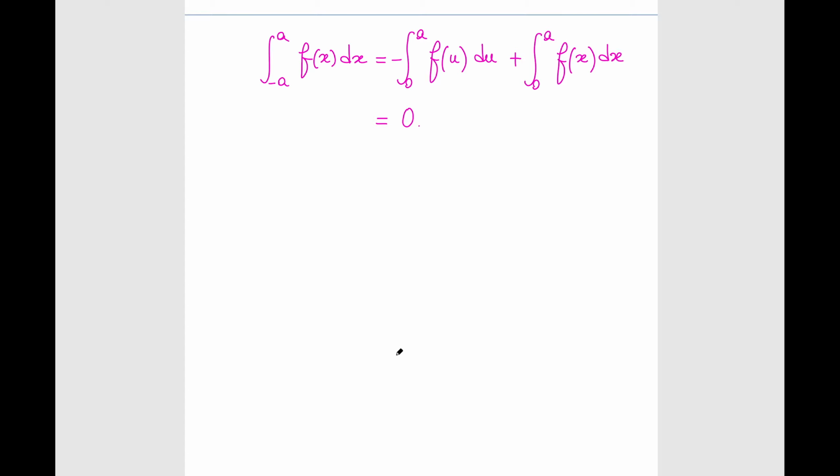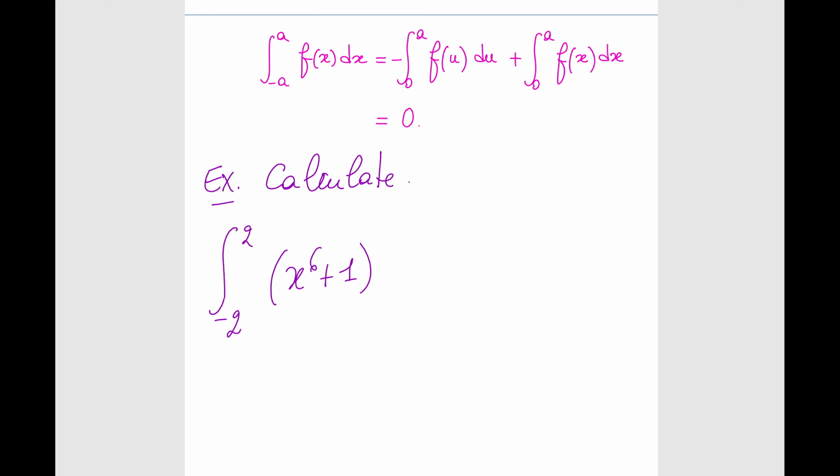All right, let's do one problem here. Let's calculate the following: the integral from minus 2 to 2 of x to the power 6 plus 1 dx.